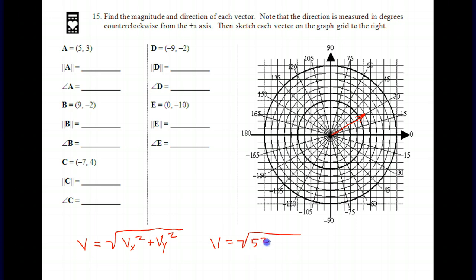5 squared plus 3 squared, right? And that would be the square root of 25 plus 9.